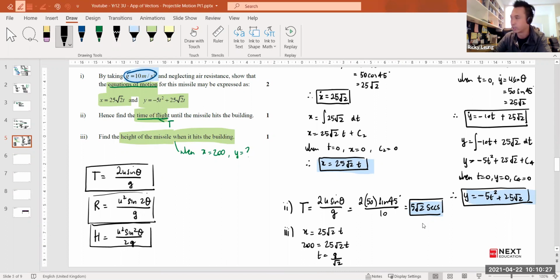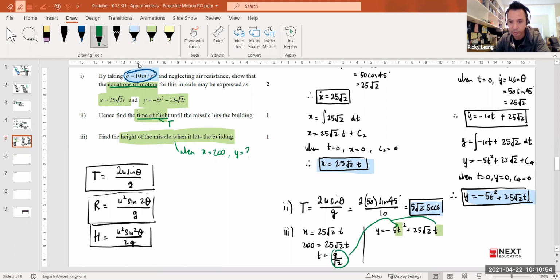Yep, and then I sub that into the y value. So I got y equals minus 5t squared plus 25 root 2 t. It's like solving parametrically: replace t with this guy.